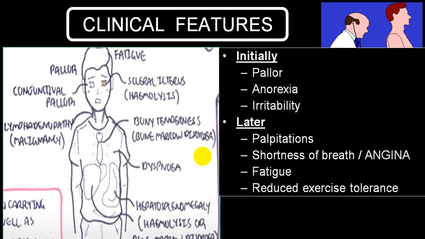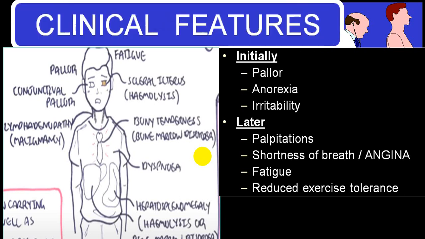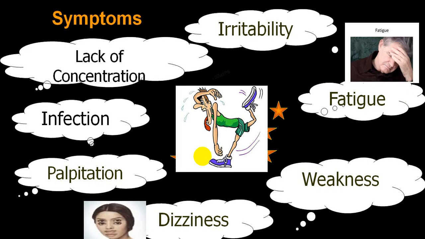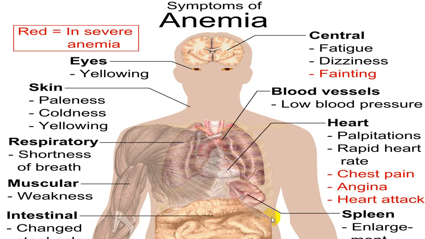So these will be the most common clinical symptoms in general with any anemia. Suspect a person having anemia if he has irritability, fatigue, weakness, dizziness, palpitation, recurrent infection, lack of concentration, etc. And there are many other symptoms which can be there in a person with severe anemia.